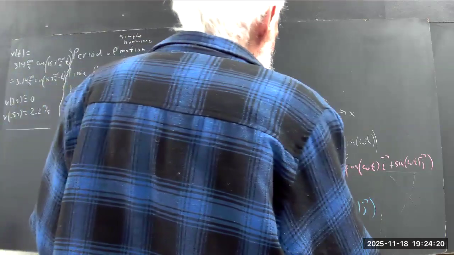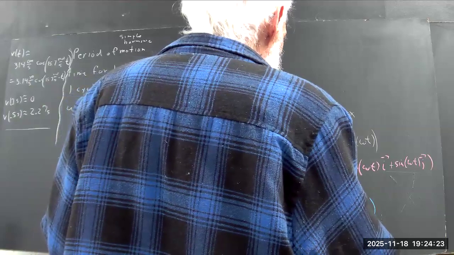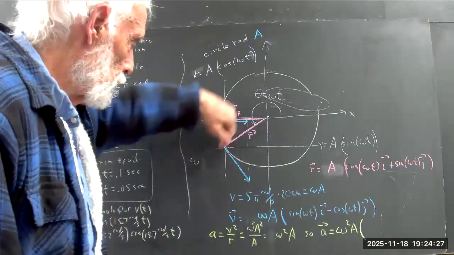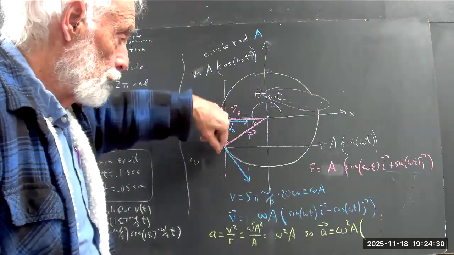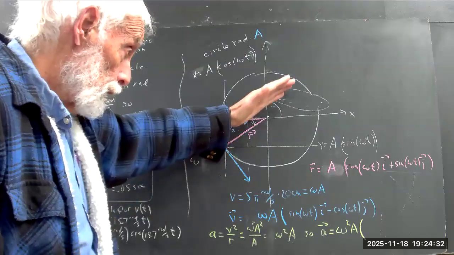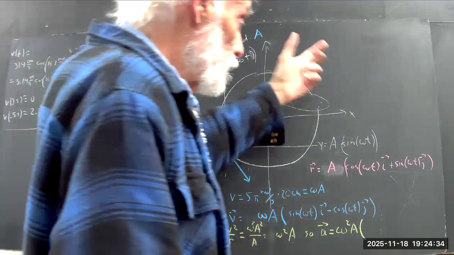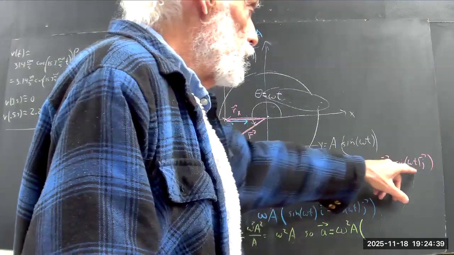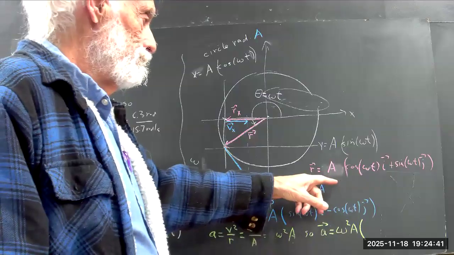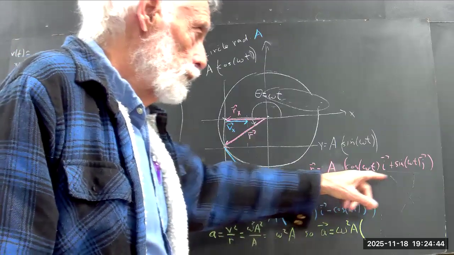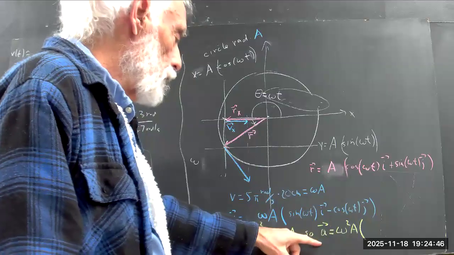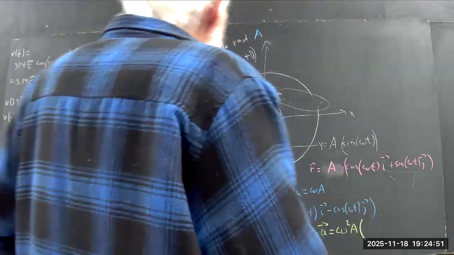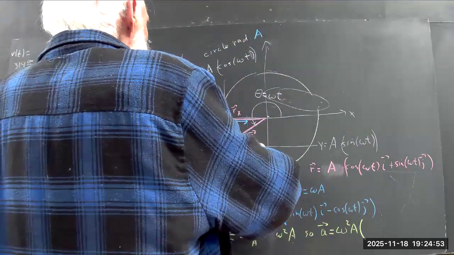The magnitude of the vector acceleration is omega squared A. And the direction back toward the center is just the opposite of the direction of the R vector, because the R vector is radial. Acceleration vector will be back toward the center, or centripetal. And it's just going to be the negative of the unit vector. The unit vector for the acceleration vector is going to be the negative of the unit vector for the R vector. So we can have our acceleration vector here.